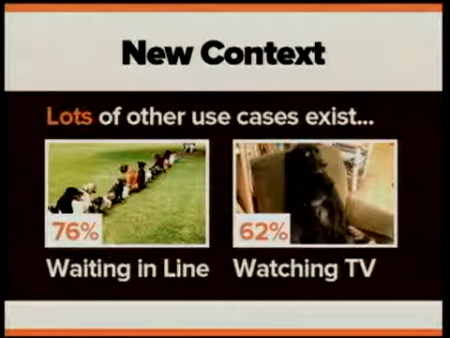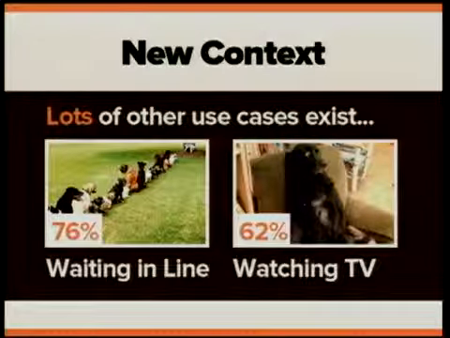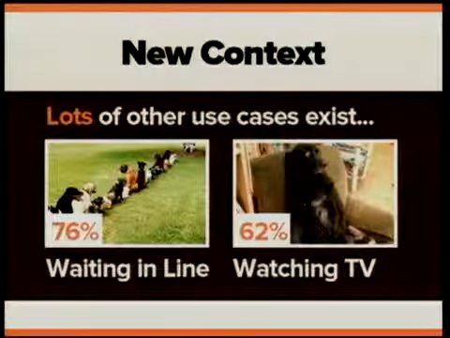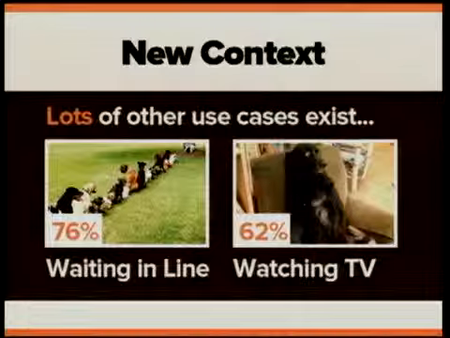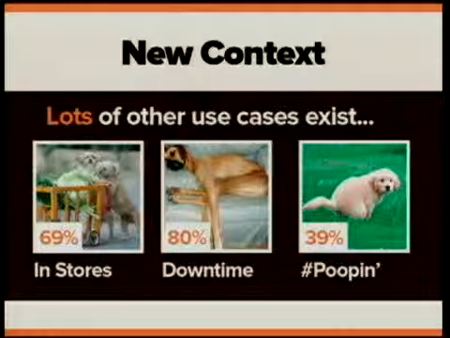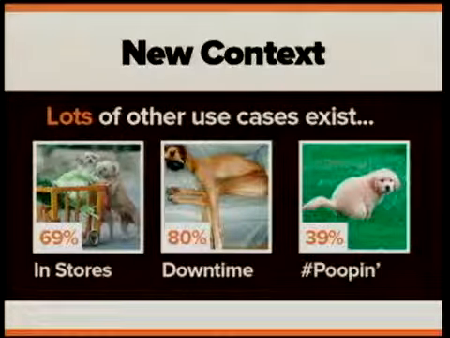But there's so many other use cases for using a mobile or other device. So who here uses it while they're waiting in line or watching TV? Who uses their mobile? So many different things. And in the stores, downtime, and so on.